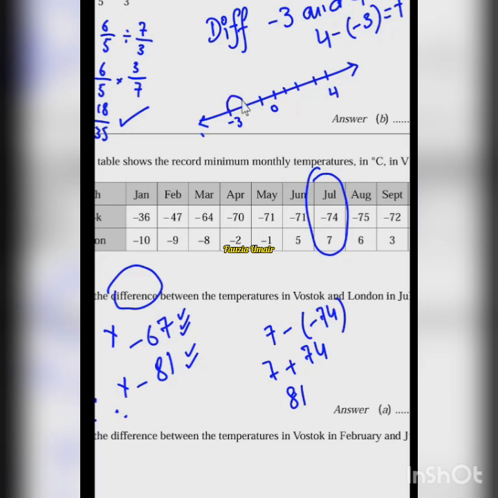So this is 1 2 3 4 5 6 and 7 steps. So how much the two numbers are apart? The two numbers are 7 steps apart from each other. Are we clear about it? Yes. Okay.